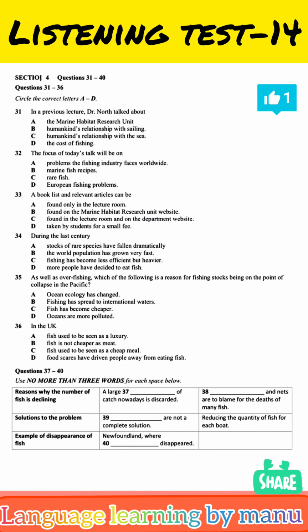As you can see, there are 4 alternative answers, A, B, C and D for each question. Decide which alternative is the most suitable answer and circle the correct letter.